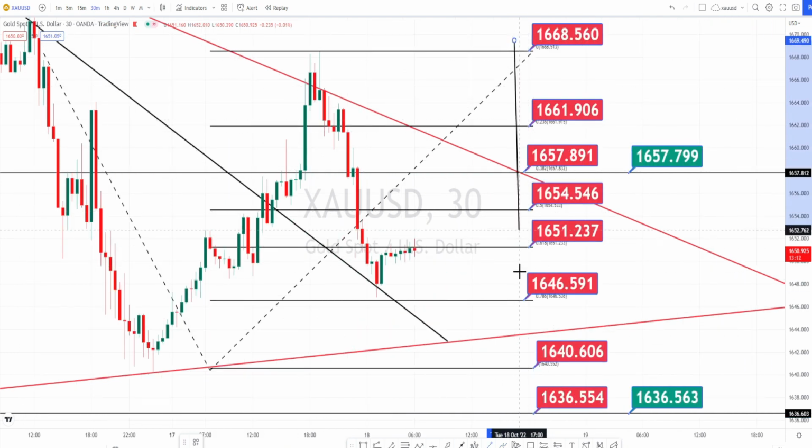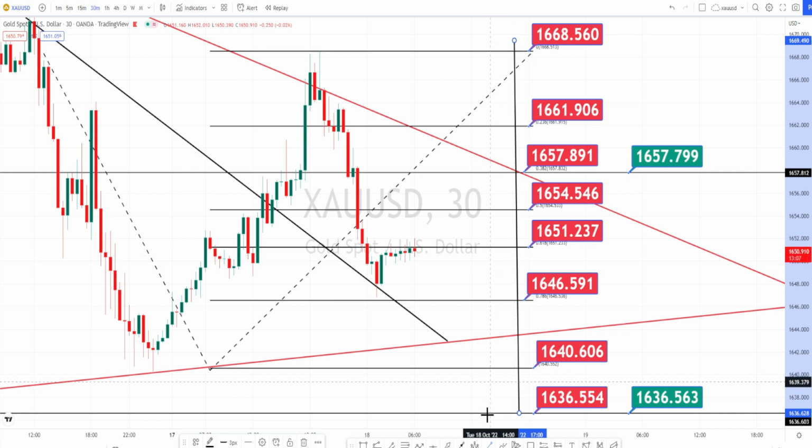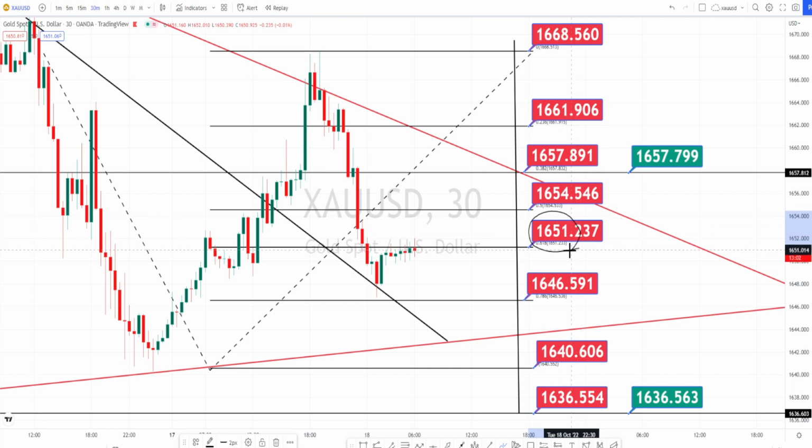So the values within these red color boxes are the resistance and support levels for current price action in 30 minutes time frame. Currently the price action is trading between the resistance level of 1651 and support level of 1646, and if the price action breaks this resistance level, next level of resistance is going to be around 1654, 1657, 1661 and 1668, and if the price action breaks the support level of 1646, next level of support is going to be around 1640 and 1636.